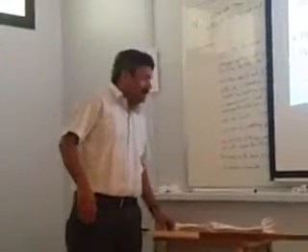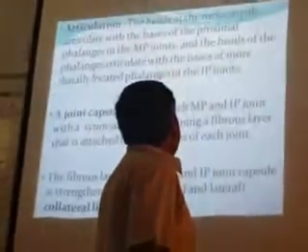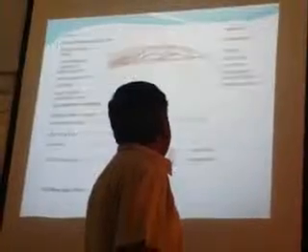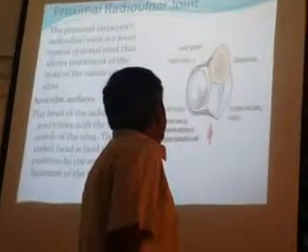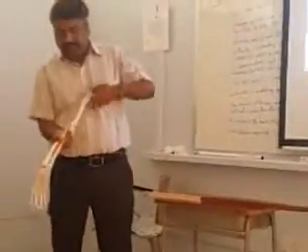So the last part is the radio-ulnar joint. You have mainly 2 radio-ulnar joints, which you can see here in this bone: superior and inferior.